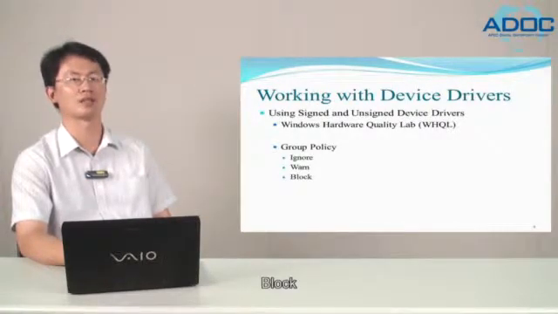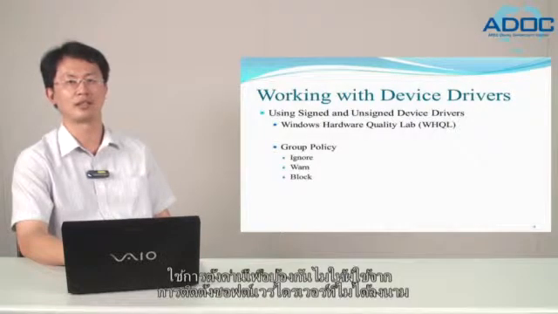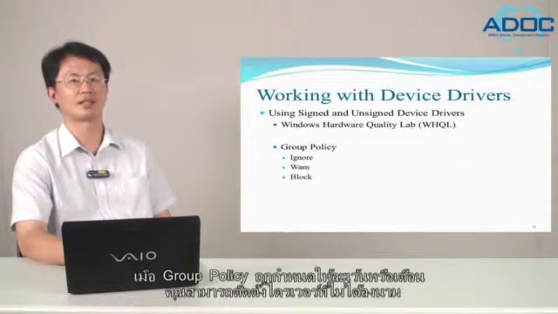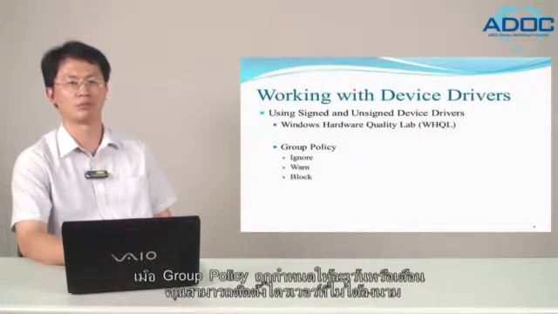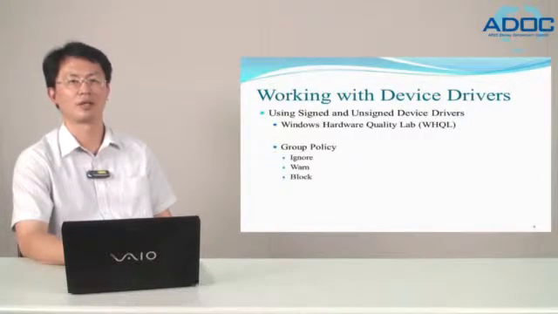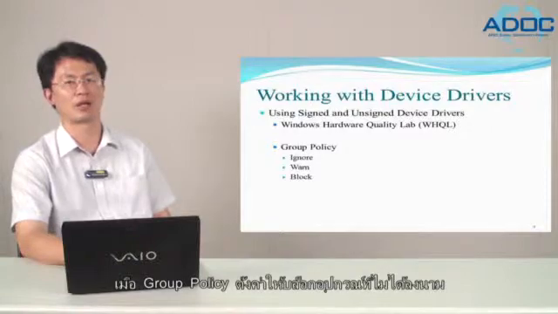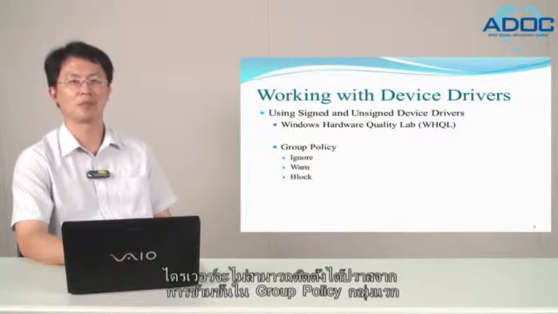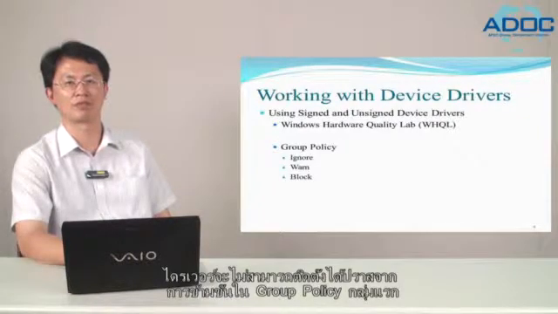And block. Use this setting to prevent users from installing unsigned driver software. When group policy is set to ignore or warn, you can install unsigned drivers. When group policy is set to block, unsigned device drivers can be installed without first overriding group policy.